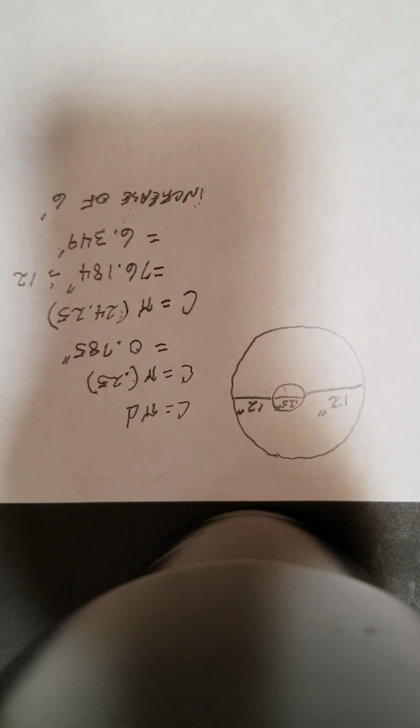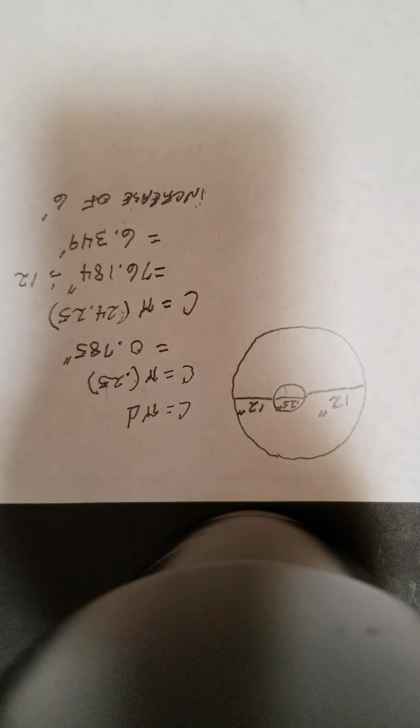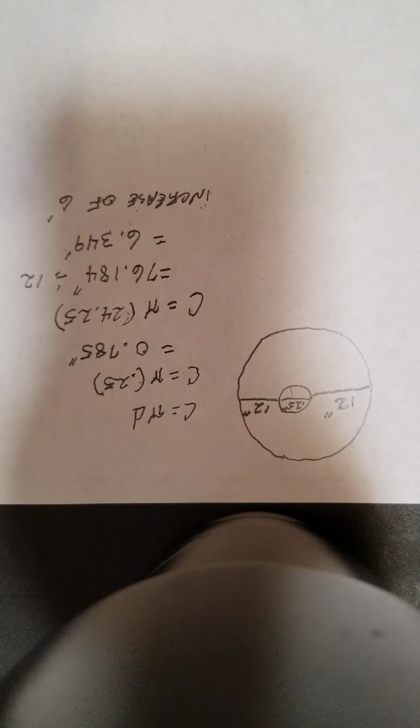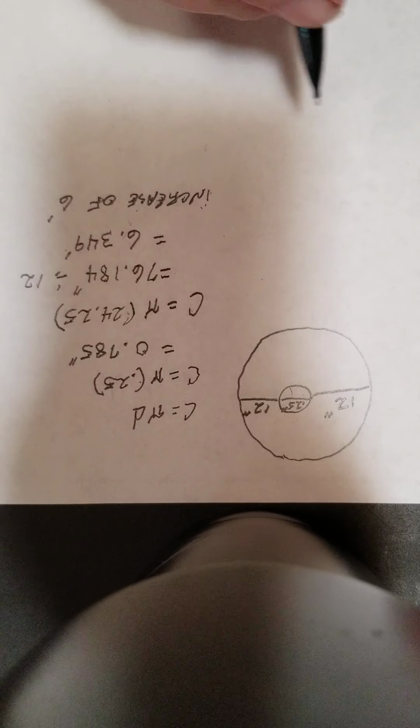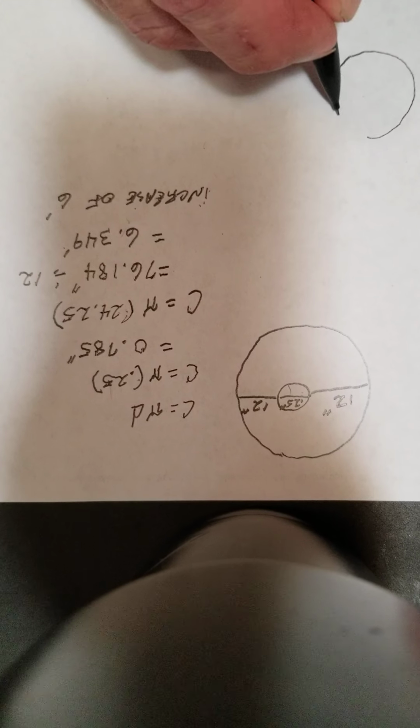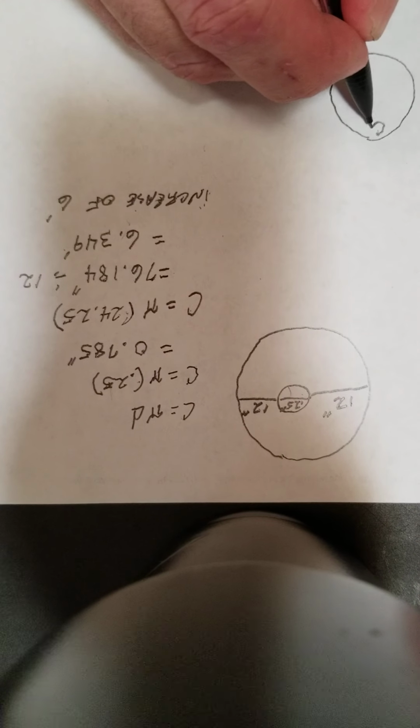Okay, now the diameter of the moon, when I did a quick Google search of that, the diameter of the moon is 2,158.8 miles. That's huge. Well, if we added a foot, and let's go ahead and draw that circle. So here's our moon. And I'll put some craters on it.